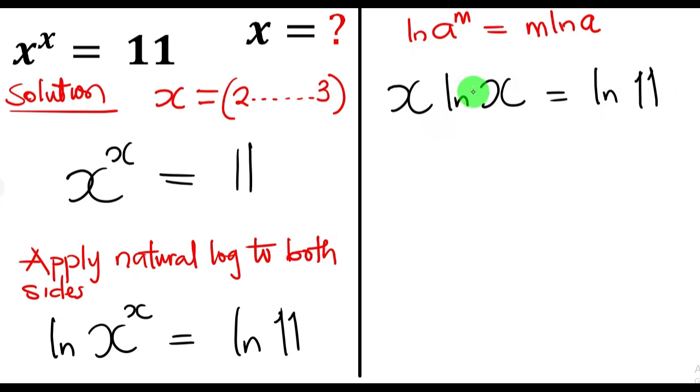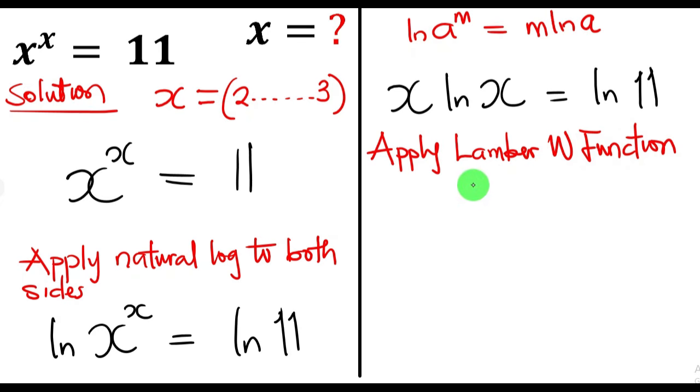If we look critically, there's no way we can cancel this ln x and say x is equal to so and so. So what we're going to do here is to apply what we call the Lambert W function.